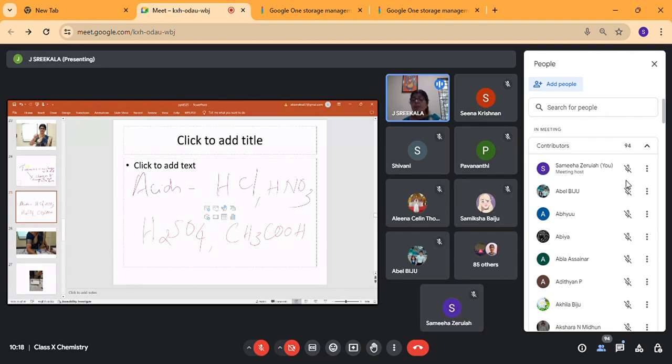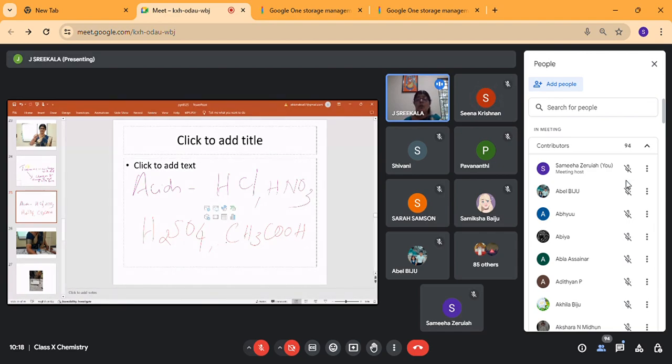In all these, what is the common factor? H. Very good. These all contain H plus. These all can donate H plus. That is the common factor in all protic acids.